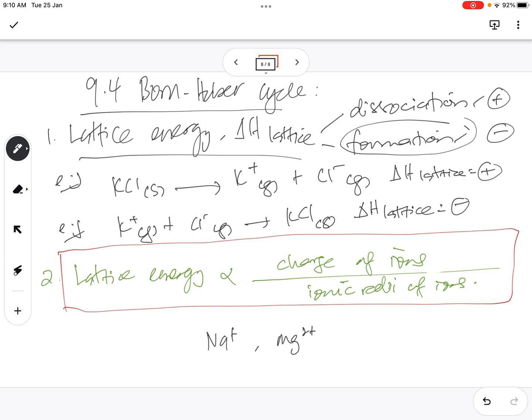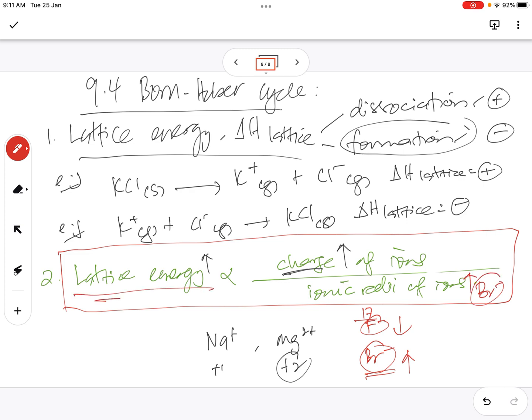Na+ has charge 1, Mg2+ has charge 2. Since Mg2+ has a higher charge, its lattice energy is higher. That is what it means. Similarly, take F- and Br-. Both are in group 17. But notice, the ionic radius of bromide is large and the ionic radius of fluoride is small. So bromide has a very large ionic radius, so its lattice energy, being inversely proportional, is small. Can you understand this relationship?